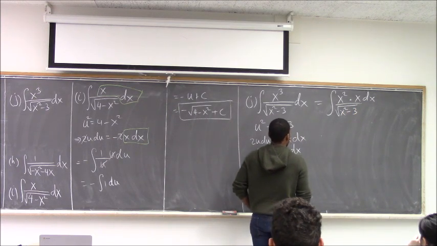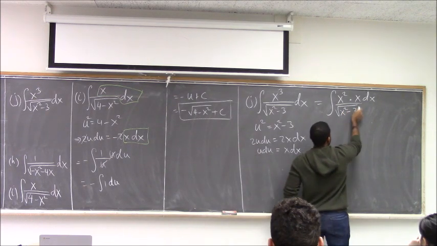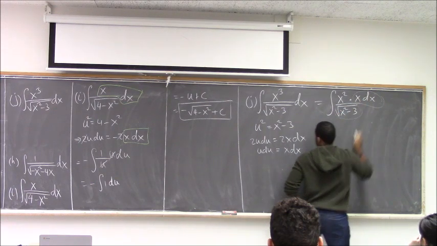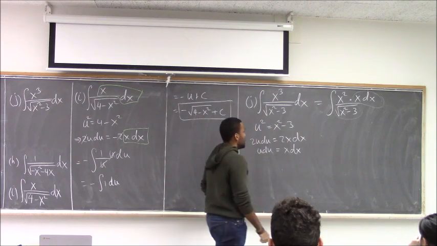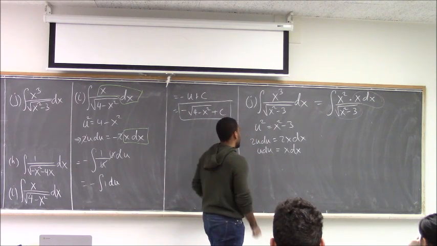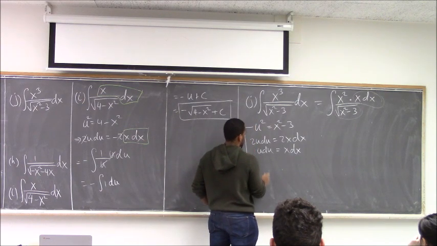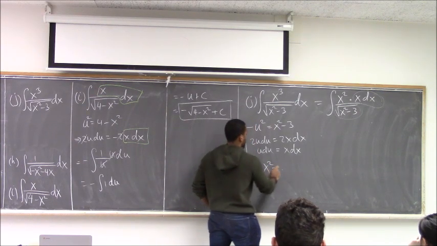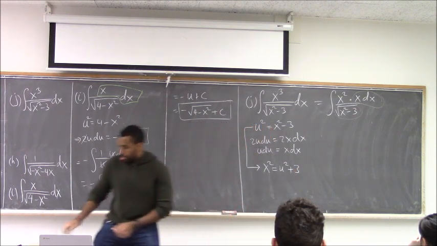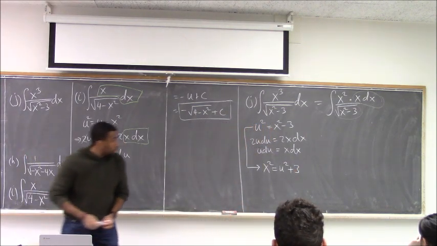And so now you realize this whole thing here is u based on my substitution, and this whole thing here is du dx. And now I have this x squared left over. What's that? Well, I can use this equation to solve for x squared. X squared is going to be u squared plus 3.